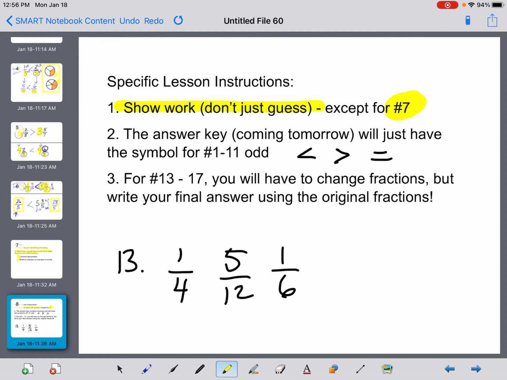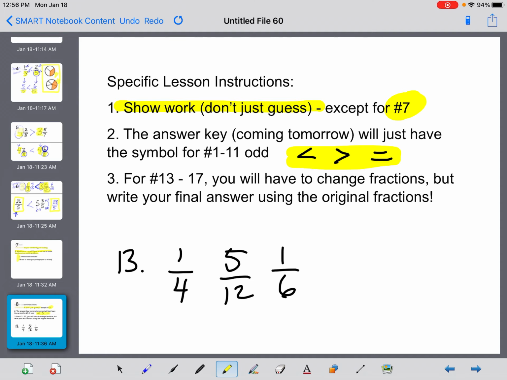For the rest, you're going to have to do some changing of fractions, common denominator, or mixed to improper, improper to mixed. All right, the answer key that is coming tomorrow is just going to have the symbol for numbers 1 through 11 odd on it. So make sure that, even in all of your showing of work, you write down that symbol to show which of the two fractions is larger.